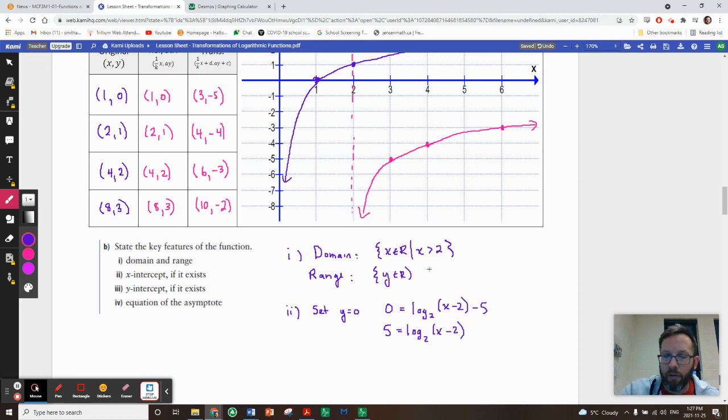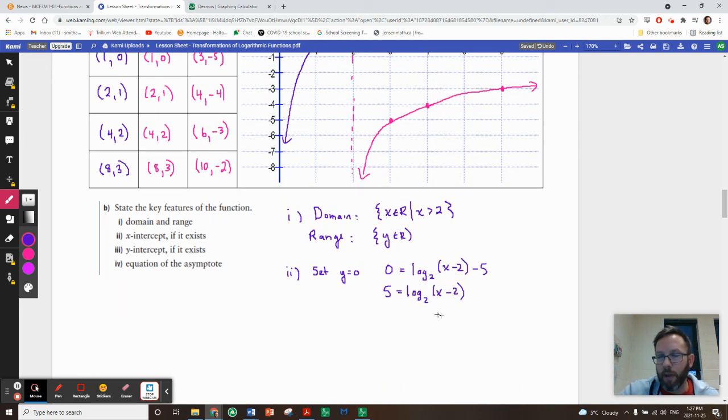Remember this is saying the base is 2, 5 is the exponent, and that gives you x minus 2. So we can rewrite this as x minus 2 equals 2 to the power of 5. So x minus 2 is equal to 32, and we can solve for the x-intercept, 34. Now it's off our graph, but it's nice to know that detail.